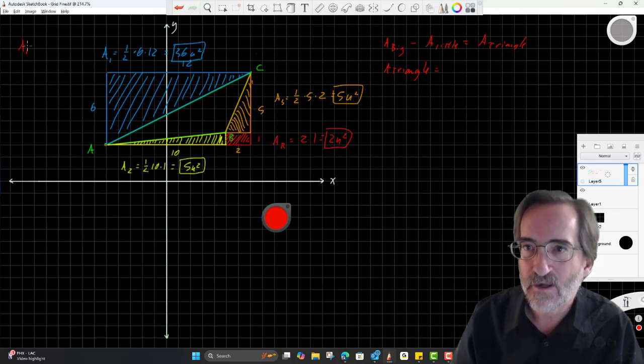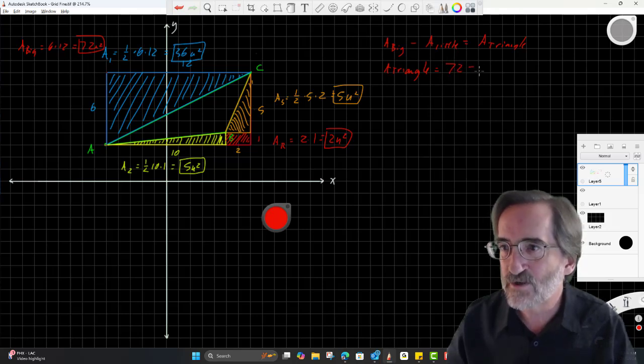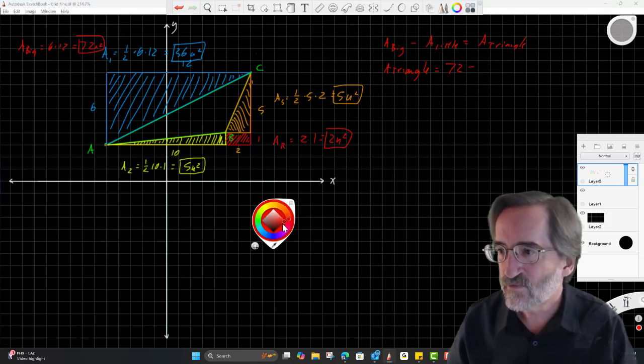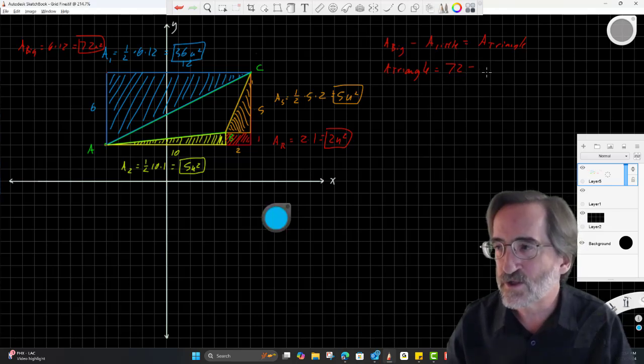Area big. 6 times 12 is 72 square units. So we've got the big rectangle, 72, minus all the littles. We have the blue, which is 36.